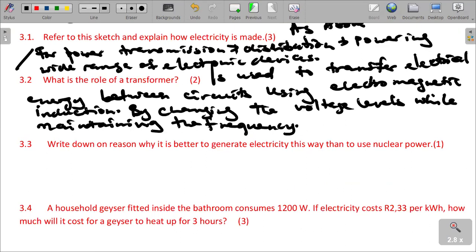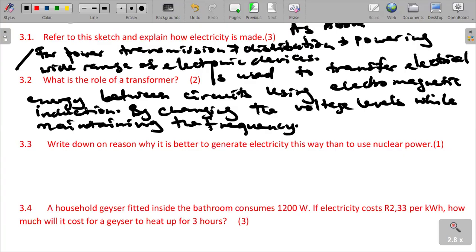So why is it important to generate electricity this way rather than with nuclear power? What we need to understand is that, as at grade 9, a transformer steps down the voltage so that it can be used in houses.